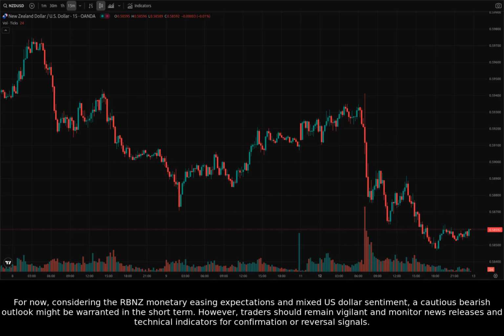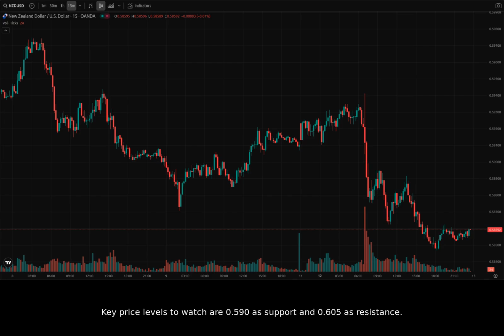For now, considering the RBNZ monetary easing expectations and mixed US dollar sentiment, a cautious bearish outlook might be warranted in the short term. However, traders should remain vigilant and monitor news releases and technical indicators for confirmation or reversal signals. Key price levels to watch are 0.590 as support and 0.605 as resistance.